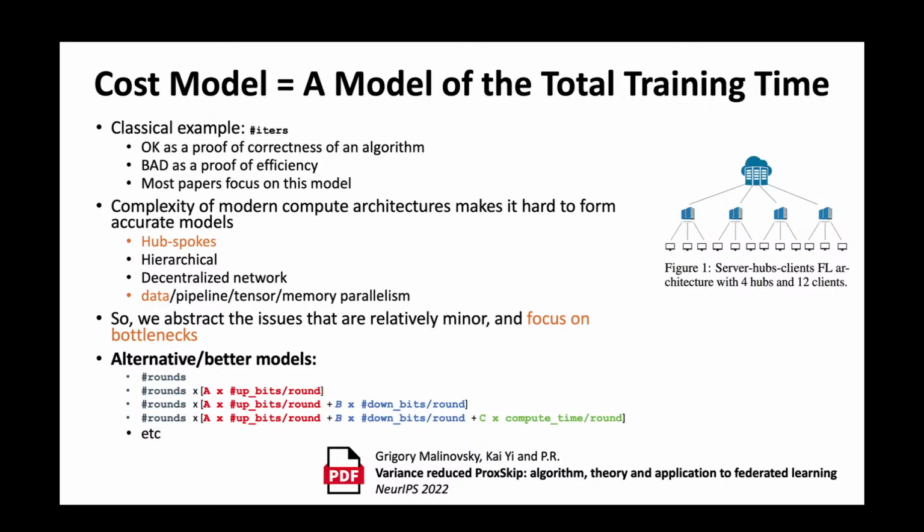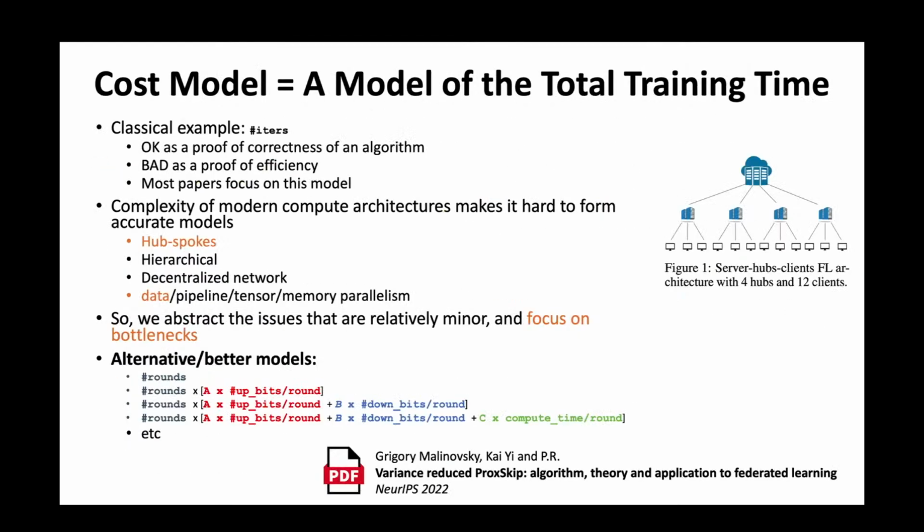Okay? And we should compress communication, or not compress communication, and so on. You should do local training or not do local training. So these design decisions will be made for you once you have the right cost model. Okay?